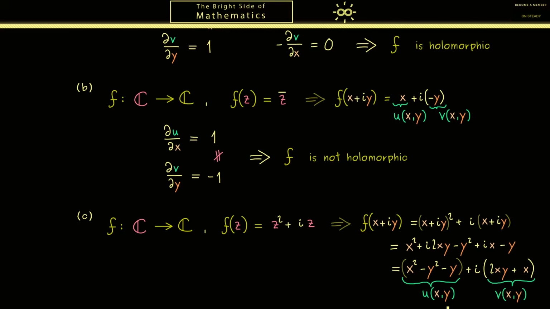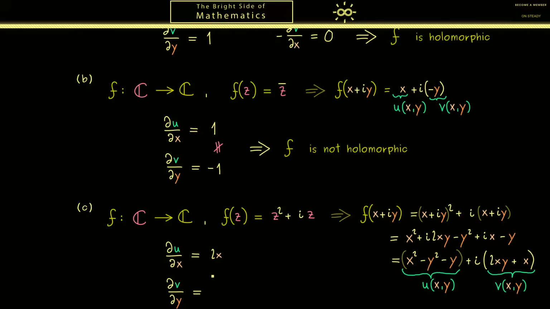Now with these two functions we can check the Cauchy-Riemann equations again. First, the du/dx, not hard to see, it's simply 2 times x. Then the second partial derivative we want to calculate is dv/dy, which is also 2 times x. Hence, our first equation is actually fulfilled. Going to the second one, you see we have to do a little bit more because this derivative is minus 2 times y minus 1.